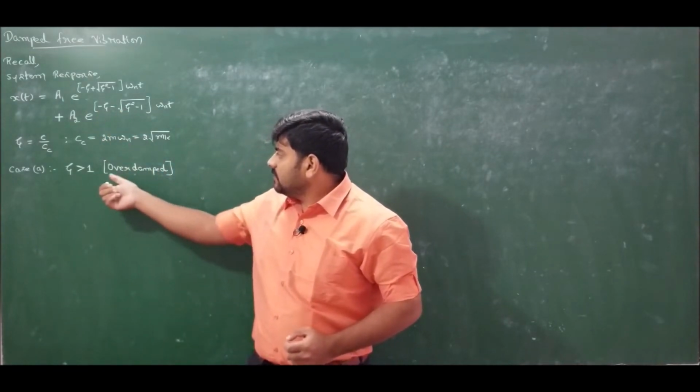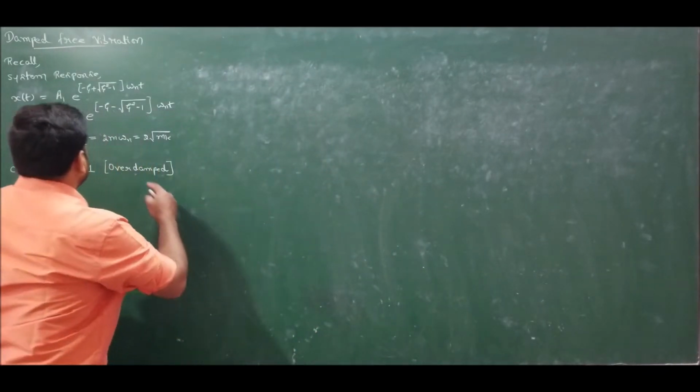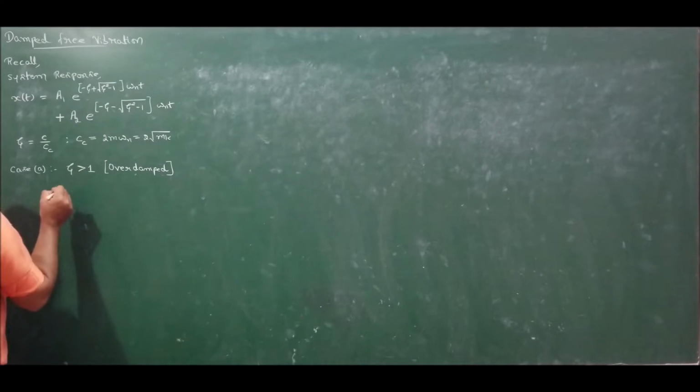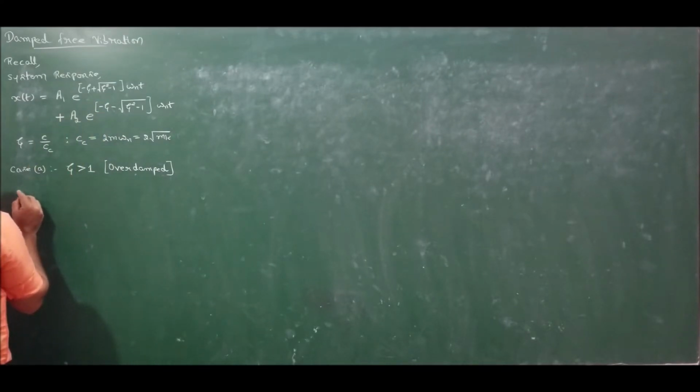Now since the value of zeta is greater than 1, it does not make any change for the roots of this system response equation. So the system response remains the same for an overdamped system.